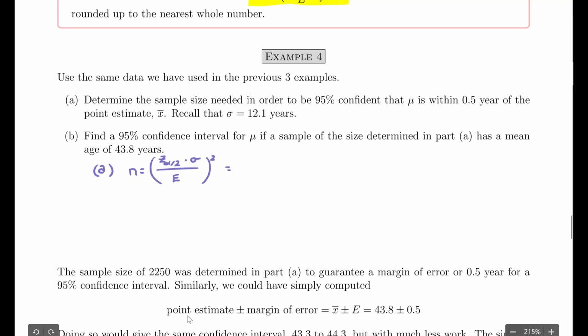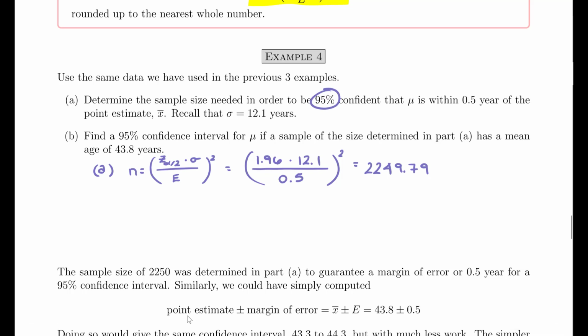In this case, we don't know what n is, but we do know that z sub alpha over 2, which corresponds to 95%, is 1.96 times sigma, and our margin of error is 0.5. And then we square that. When we type this in our calculator, we get 2249.79. What you want to make sure you always do, though, with these numbers when you're calculating the sample size is to round up every single time.